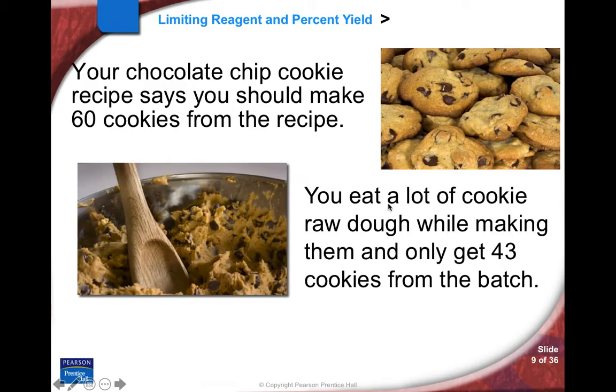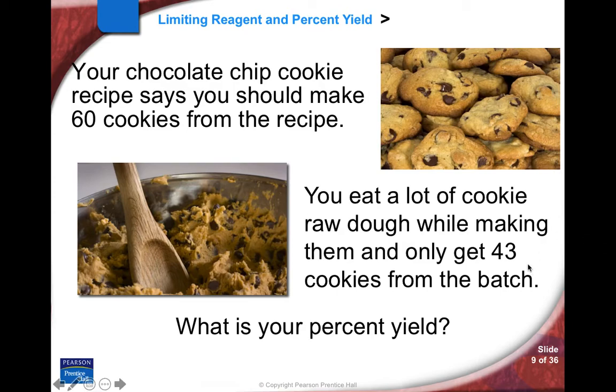So if you're like me and don't mind a little salmonella now and then, and you eat your raw cookie dough, maybe you only get 43. And of course, in reality, some of the stuff's left on the bowl, on the spoon. It doesn't all get out onto the baking sheet.